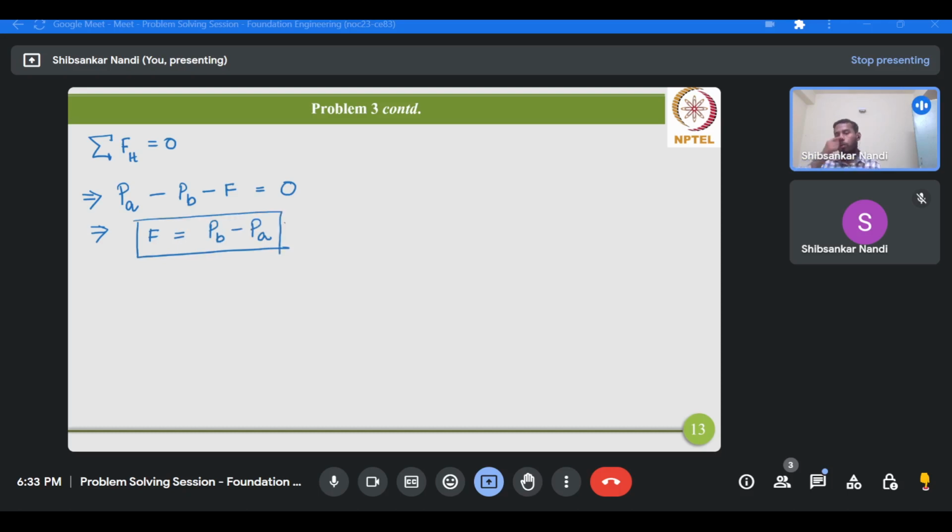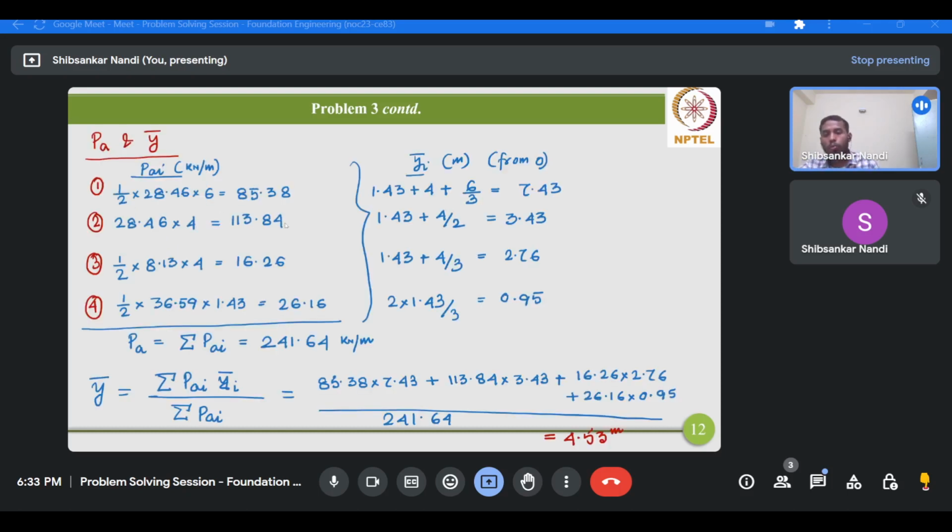So far we know the PA value, which is 241.64 kilonewton per meter, but PB we don't know.